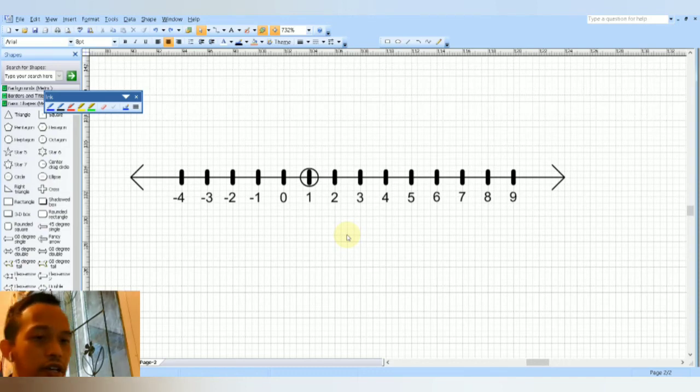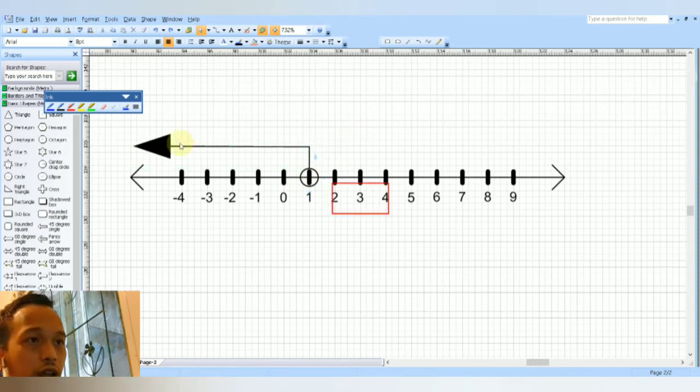Since 1 is not included, but any number that is close to 1 but less than 1 is included, therefore we use an arrow also and a line going to the left. Since we are speaking of less than, go to the left.